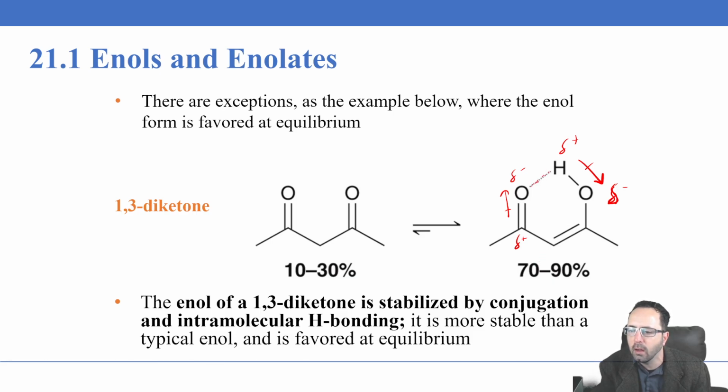So you get this alcohol donating a hydrogen bond and the ketone accepting it. Ultimately that leads to intramolecular hydrogen bonding, which stabilizes the enol. And so you actually get a far greater percentage of the enol at equilibrium in a diketone than the diketone itself.